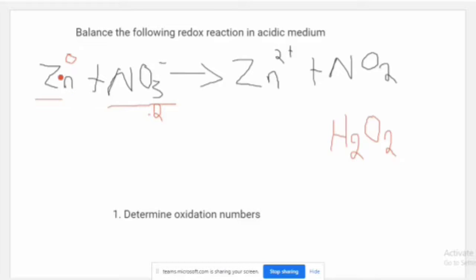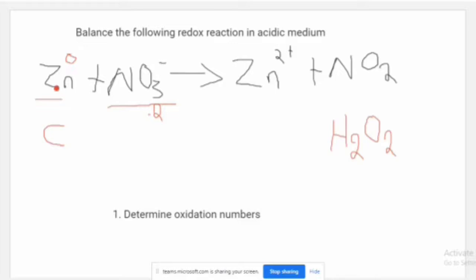For example, if in place of zinc we had carbon, and this carbon had no charge, then the oxidation number of this carbon also is 0. Is it making sense? So for any element which is neutral, the oxidation number will be 0.